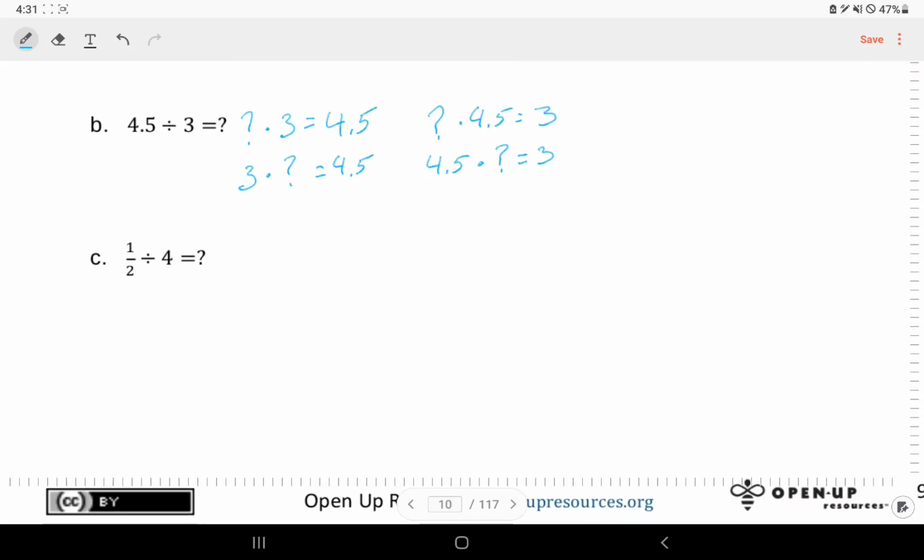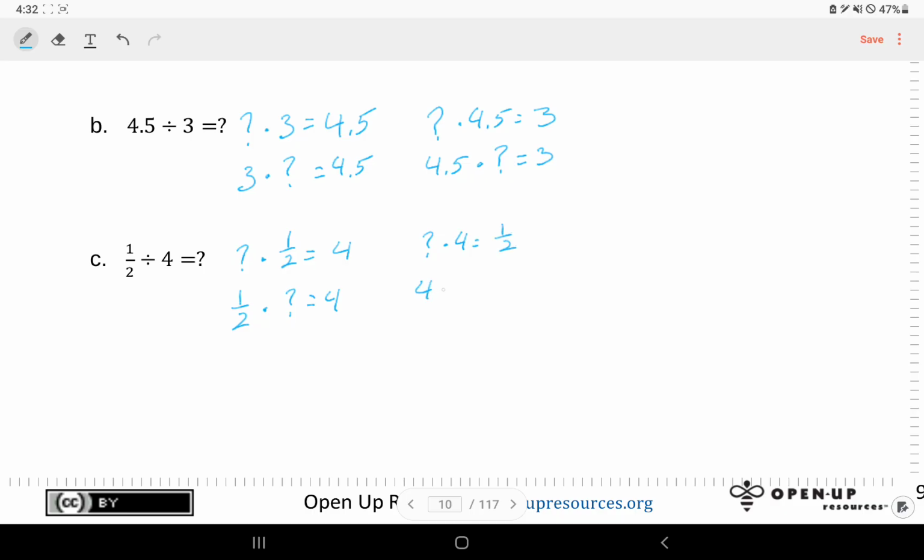And for C, question times 1/2 is 4. 1/2 times question is 4. Question times 4 is 1/2. And 4 times question is 1/2.